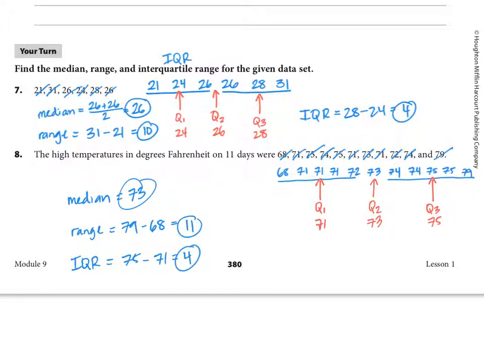Okay. Now the IQR, this one's a little bit harder to understand compared to the others. Remember, median is our measure of center. The range is just what's the smallest and the biggest value, how many, I guess, different values could be in between. The IQR measures how spread out is the middle 50%, right?